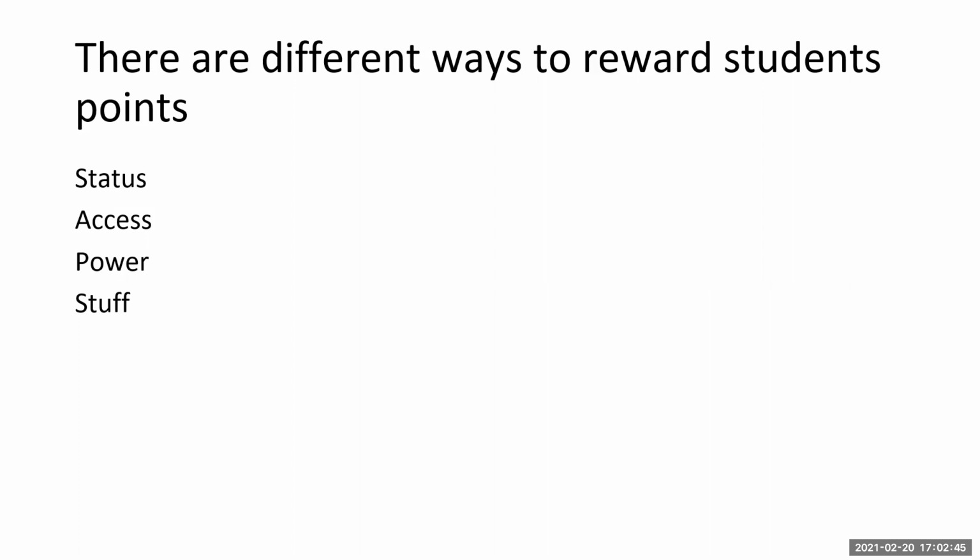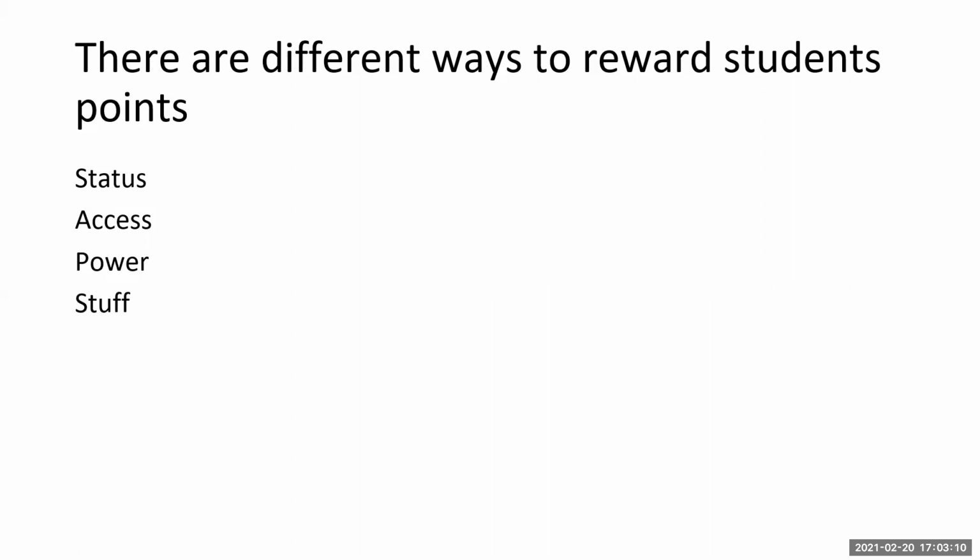We can also use access as a reward system. For example, the point system could be, if enough of the students score a 4 through the day, then you get access to play the games that you want to play for the last half an hour. It unlocks.